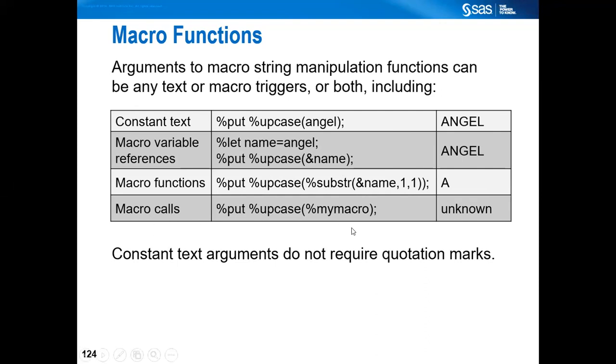What is a call? I'll explain later once we start lesson 3. But understand the first 3 parts. It's the same as base SAS, only preceded with the percent sign. Constant text arguments do not require quotation marks. Why? Because macro itself is a text processing facility, and in macro you never give quotation marks.